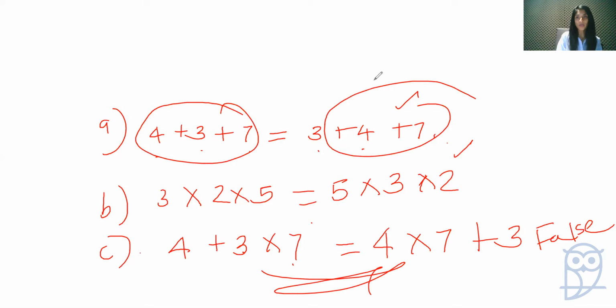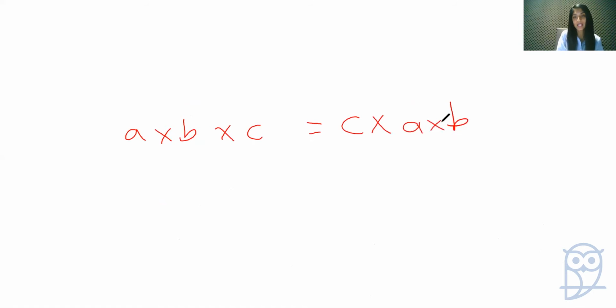Let's do one more of this commutative property. A times B times C is equal to the same as C times A times B. That would be true. So just to recap, guys, the commutative property simply means that it doesn't matter which order it's working in, as long as it's an addition or a multiplication, the order is not important.